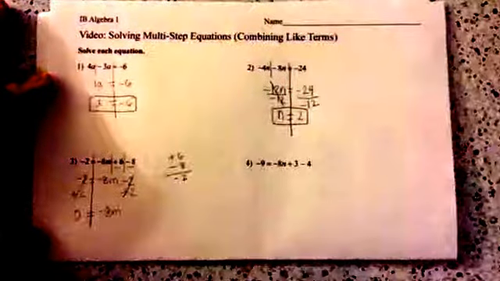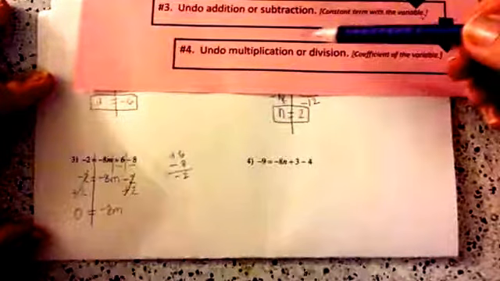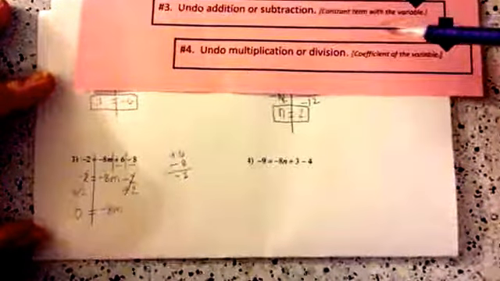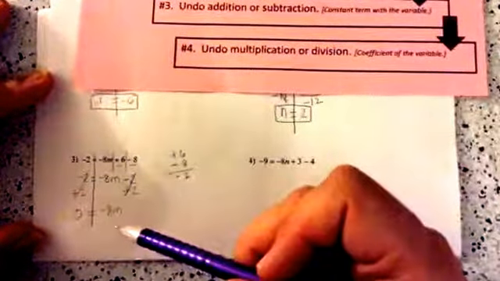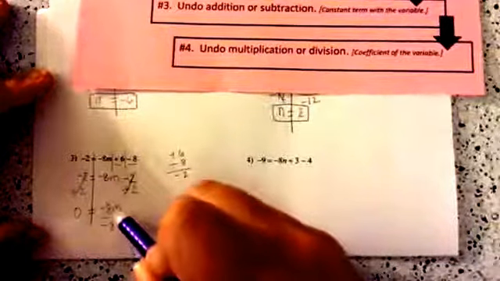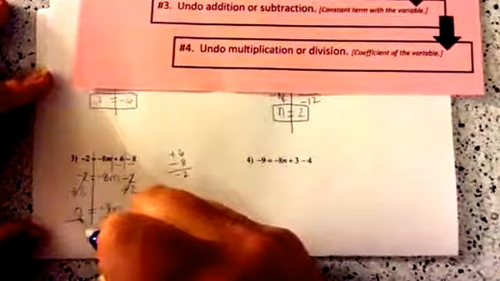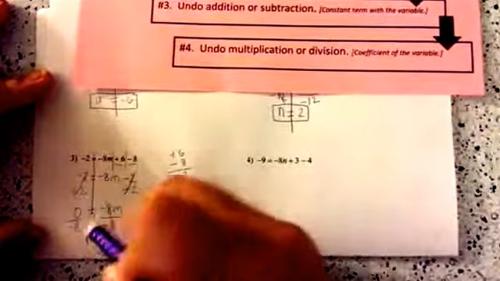Next, I have to go to that last step, number 4, which is to undo multiplication or division to get rid of the coefficient of the variable. So the coefficient of my variable is a negative 8. So I'm going to have to divide by negative 8 to get rid of that. And I'm going to have to do the same thing on the other side to keep it balanced.